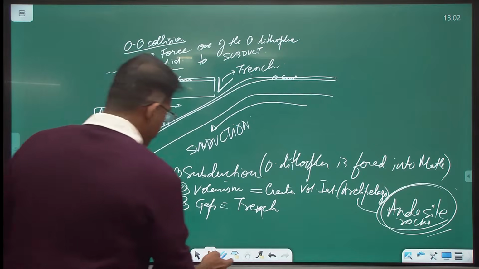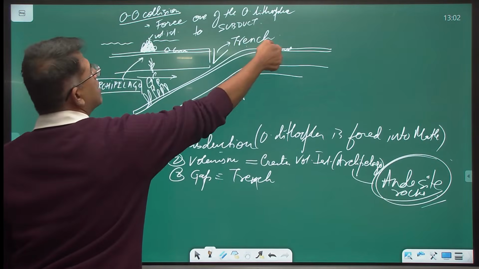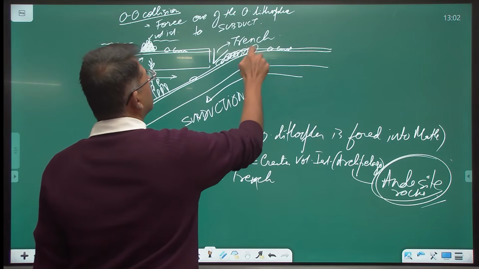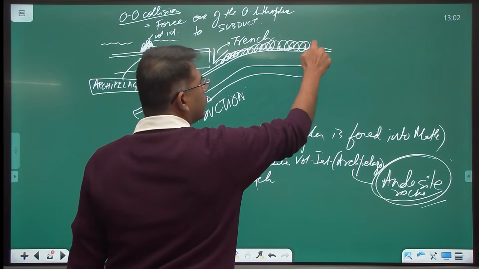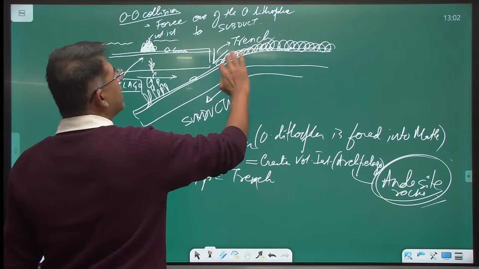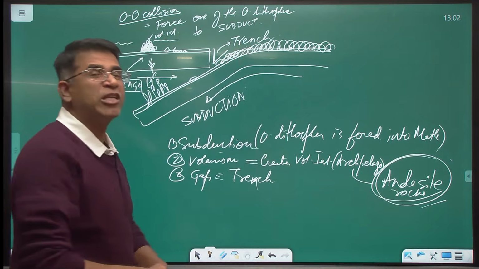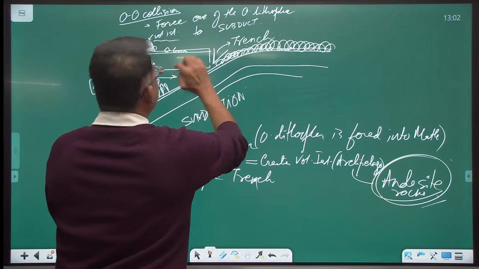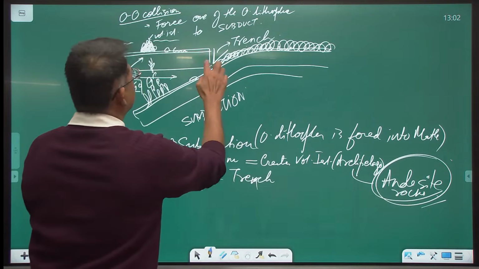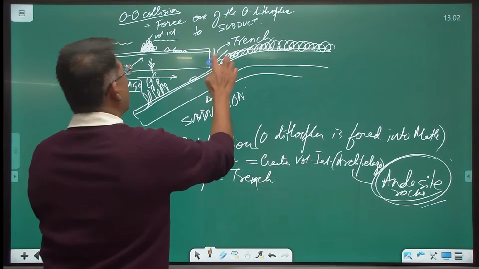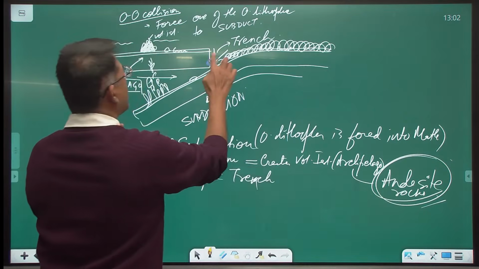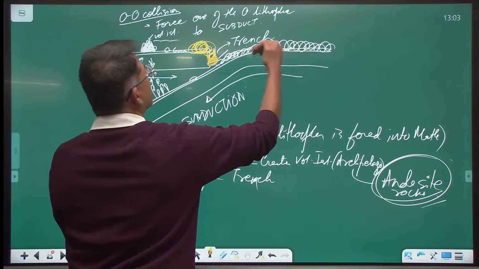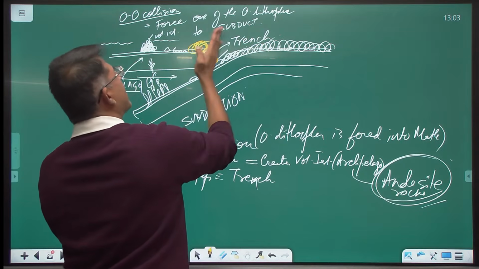इसके अलावा, apart from this, in the subduction process, the ocean floor will have sediments. Ocean floor has mountains. The ocean floor has plateaus. So when it goes inside, these sediments will get scraped. It's like somebody shaving. They get scraped and the scraped matter will pile up on the other slab. वो यहाँ इकट्ठा हो जाएगा. These sediments, as they go inside, get scraped and transferred onto this.